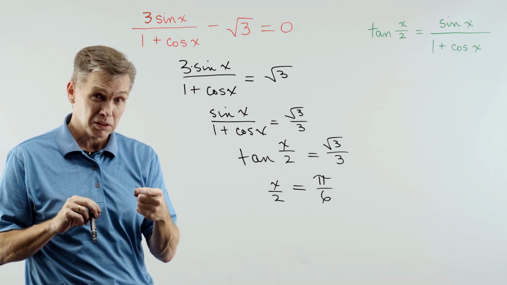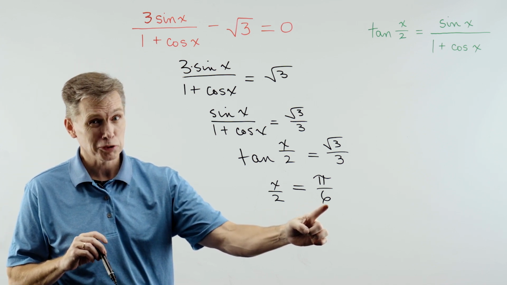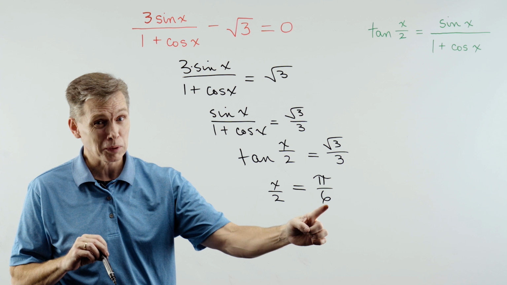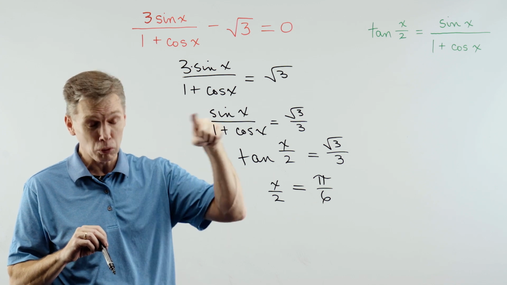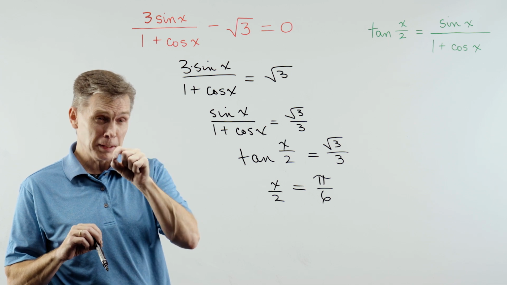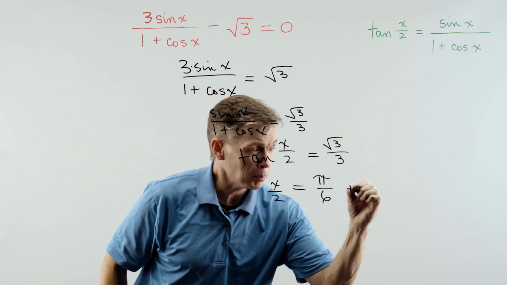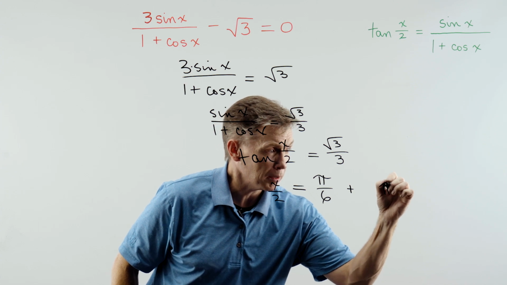They repeat. So pi over 6 is my first solution, but there's another one, even within the first rotation of the unit circle, and it's exactly pi away. So it's plus pi.